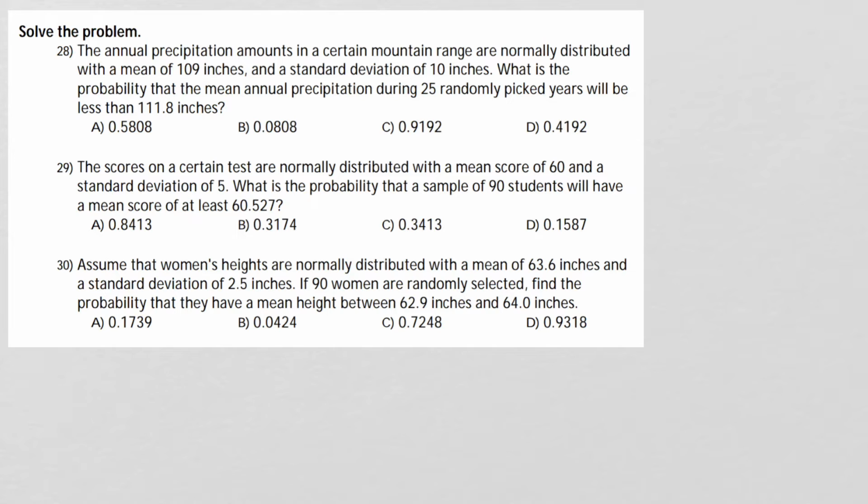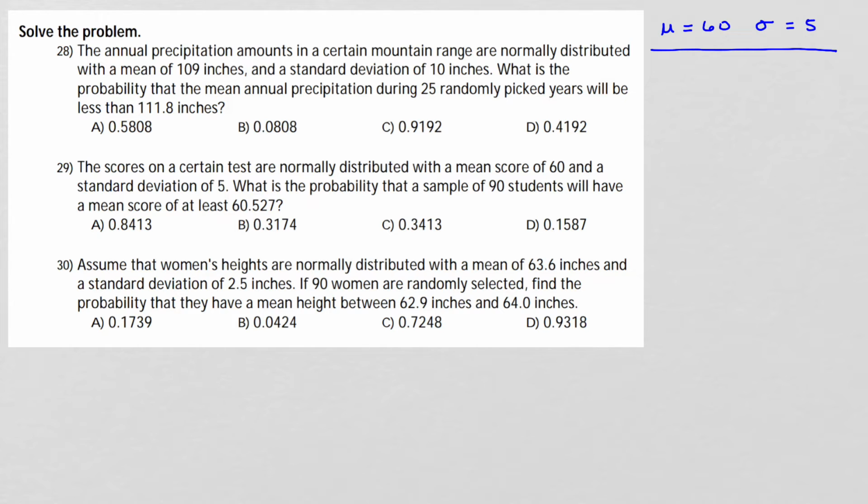Now in question 29, it says the scores on a certain test are normally distributed with a mean score of 60 and a standard deviation of 5. And we want to know what is the probability that a sample of 90 students will have a mean score of at least 60.527.